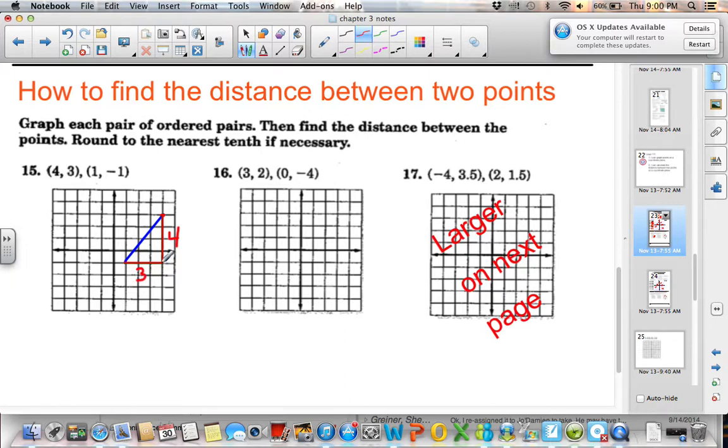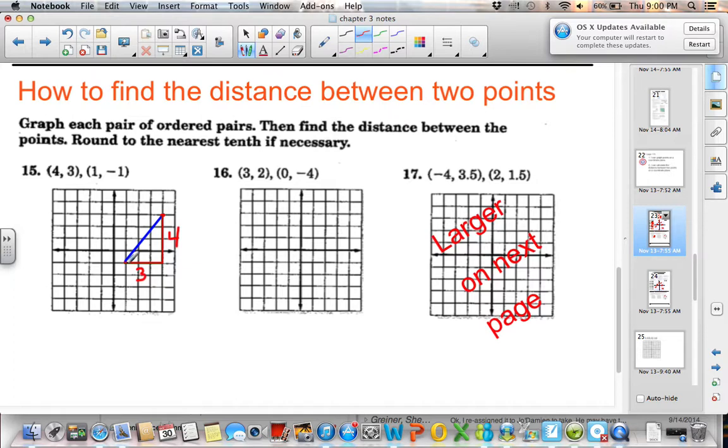I'm starting at this line right here and counting how many units I'm going over to get to the end of the line. So I'm starting here, so I'm not counting this one. I'm counting 1, 2, 3. It's just like jumping on a number line.